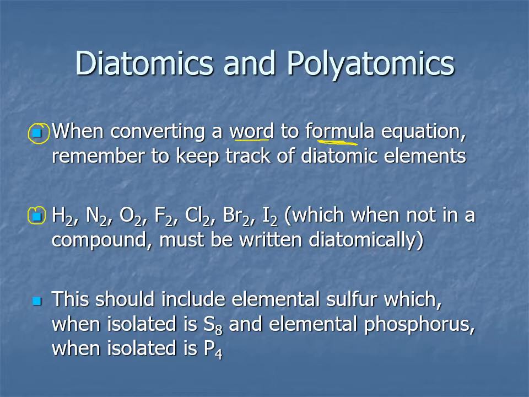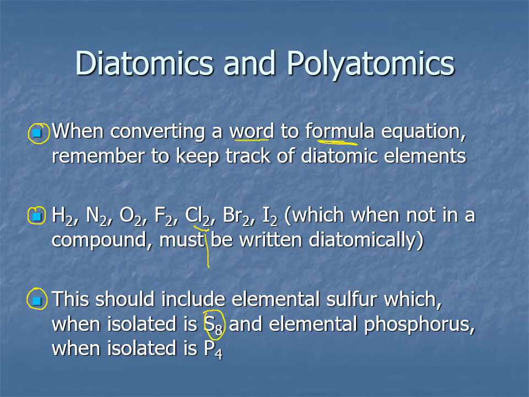So here's a list again of all the diatomics. And these are, by the way, on your ion list, that handout from Chapter 7. Now, chemistry in college also includes sulfur, where the atoms clump together in groupings of 8 instead of being diatomic like chlorine up here.